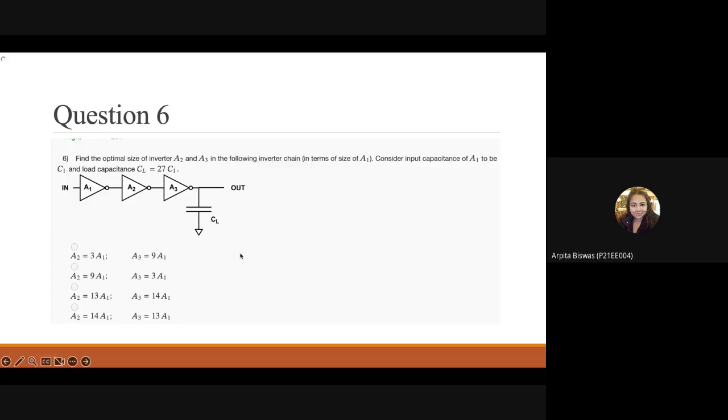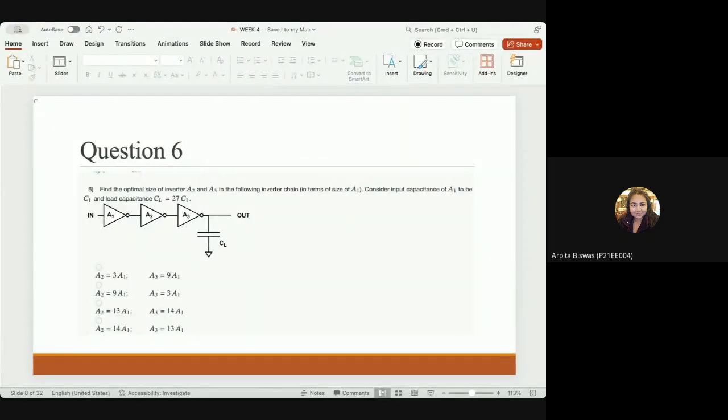So others also, what is the right option here? Jasmine, how to calculate it? How to find out the A2 and A3 values in terms of A1? Hari, how to calculate it?